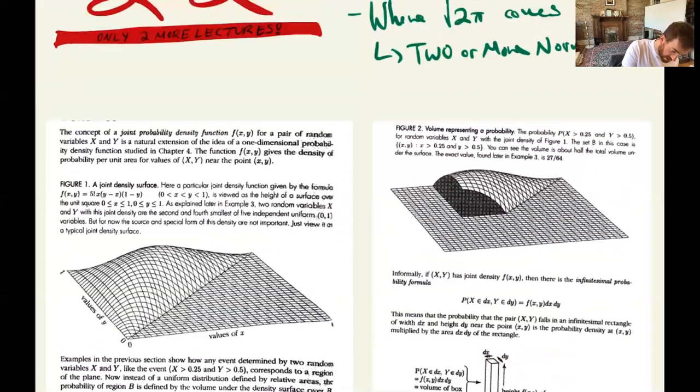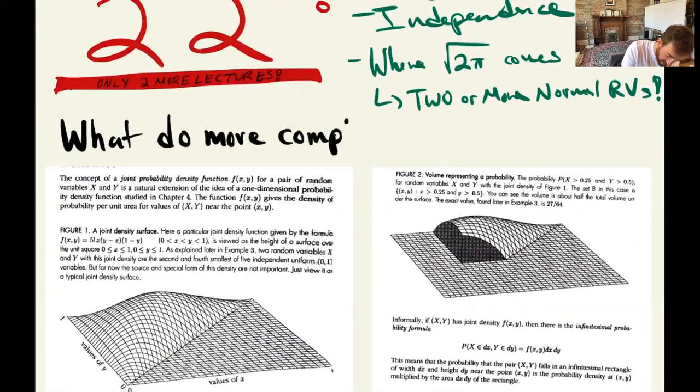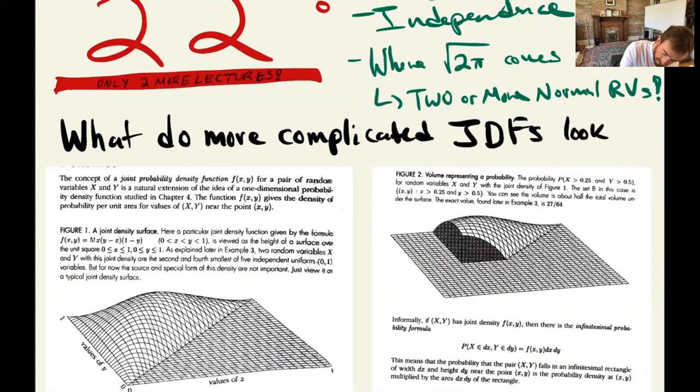So this is all just supposed to be a remark on what more complicated JDFs look like, and by more complicated, we mean other than uniform.